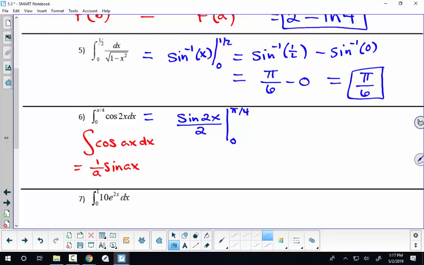So we could deal with the 2 in both of our terms, or we could take it out, because it's 1/2 times that function of x.